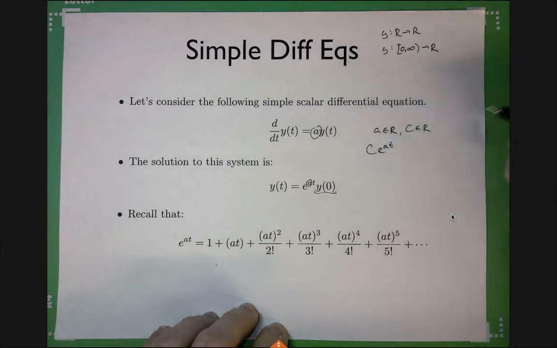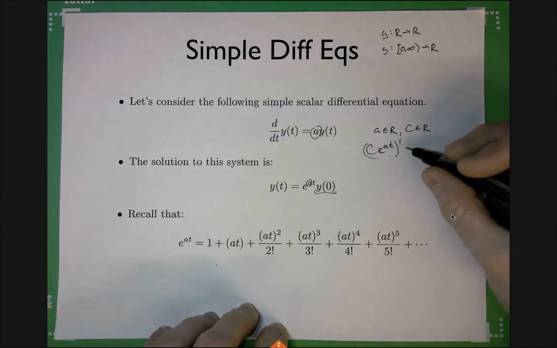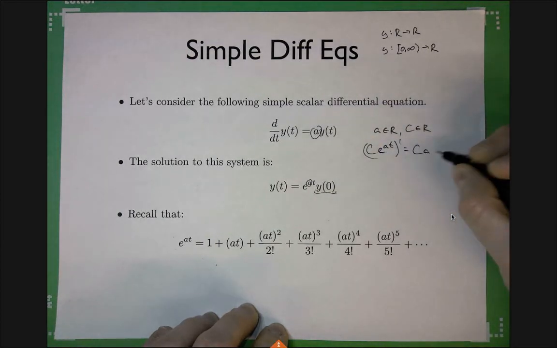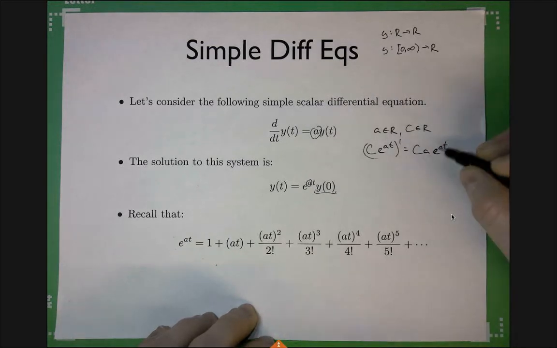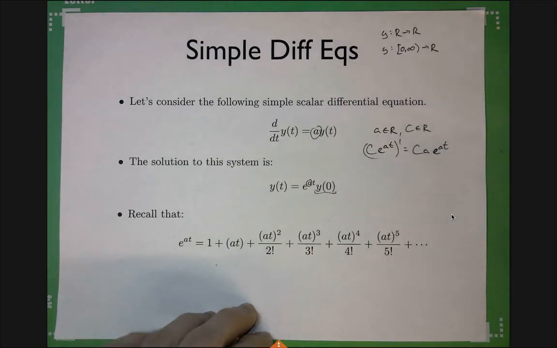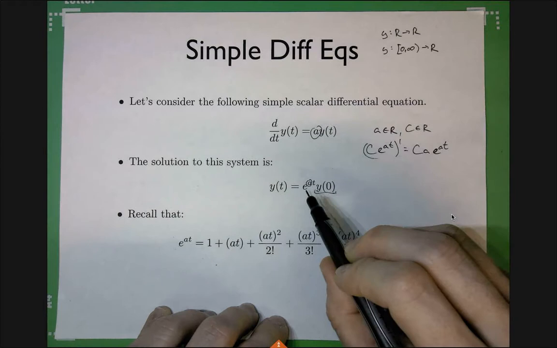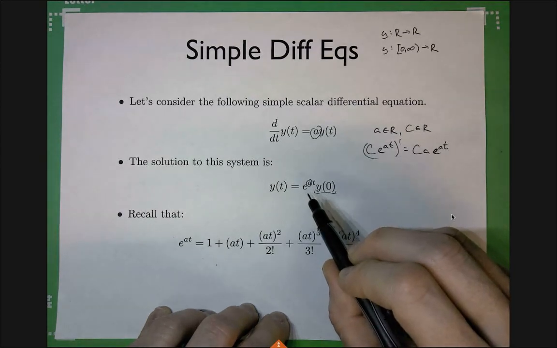If I take a function like this and I take its derivative, then what I get is this. The only thing you need to know from calculus here is that the derivative of the exponential with the coefficient a is just a e to the at.